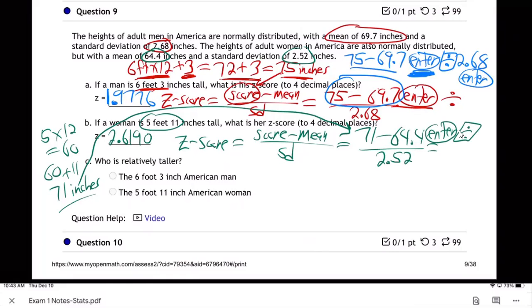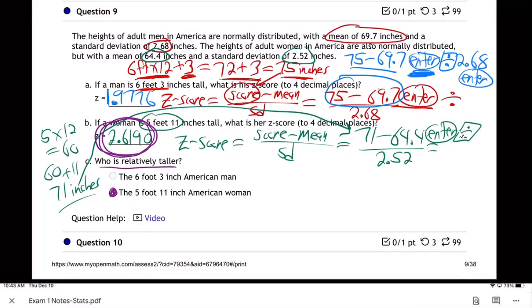That's her Z-score. Now, here's the $1 million question. Who is relatively taller? Who is taller compared to their group? The woman, because 2.619 is a bigger Z-score.